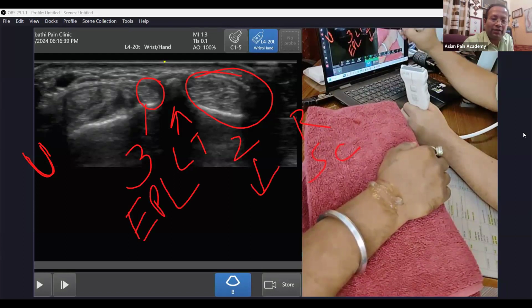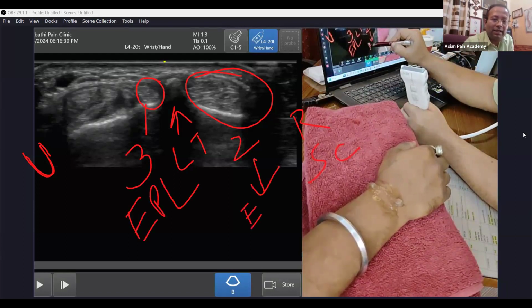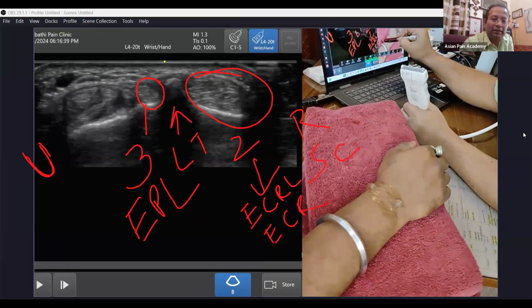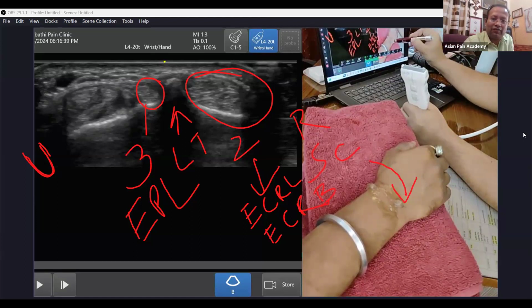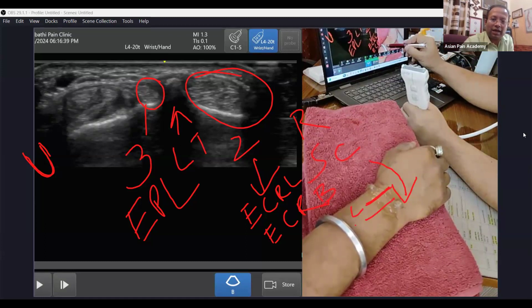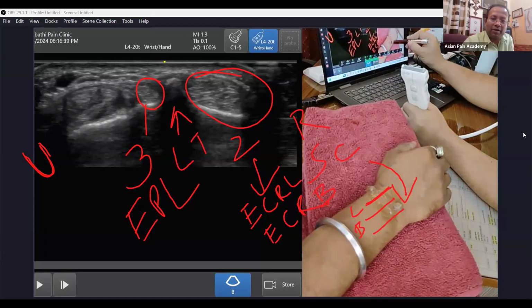Second compartment tendons mean ECRL and ECRB. Remember, I am talking from the scaphoid side, from this side to this side. So we are seeing ECRL first, then comes ECRB, and then EPL. Okay.